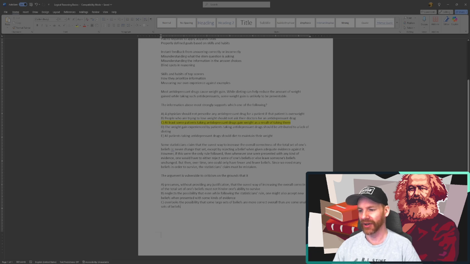All right. But over time, if we reject a belief when given adequate evidence against it, if we follow this rule, then whenever one were presented with any kind of evidence, oh, maybe B does present.